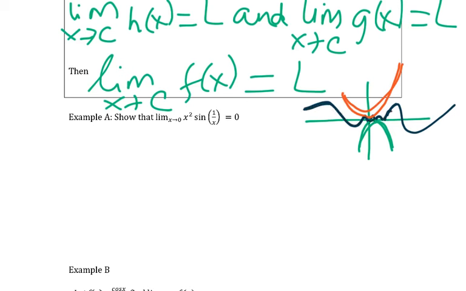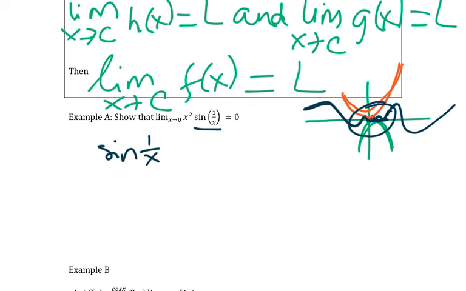That's the goal, that's what we want to accomplish. Because the trig function is the one that oscillates right here at c, we think in trig terms. So if you think about sine of 1 over x, we think of the outer functions.